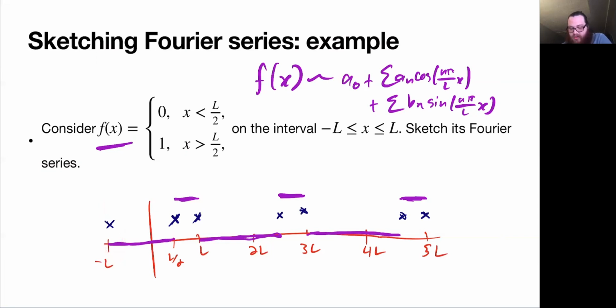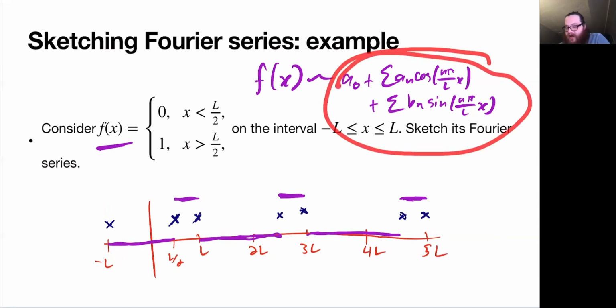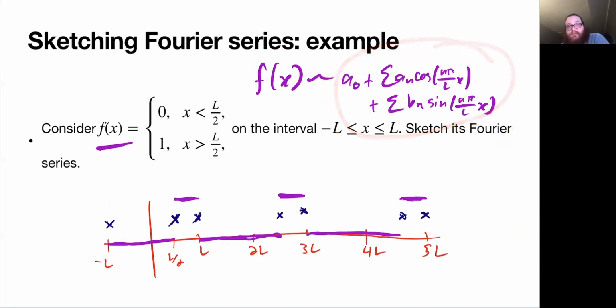So the value there is 1/2. So at x equals negative L, the value of the series is 1/2. But strictly between negative L and L over 2, the value of this series is 0.